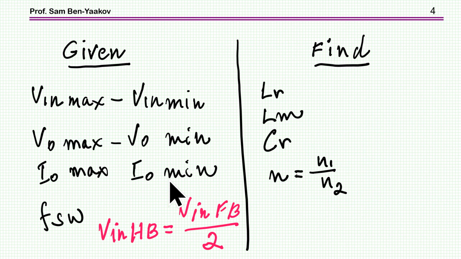Now, the problem that we usually face in the design of this LLC is the following. We have a range of input voltages between some maximum and minimum. We might require a certain range of output voltage, although sometimes it could be a fixed voltage, but in general we may wish to have a range, like battery charging, for example.